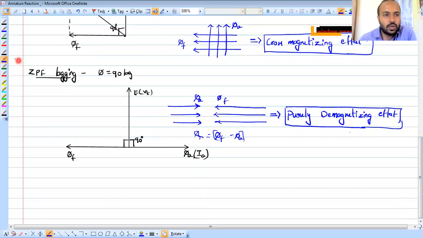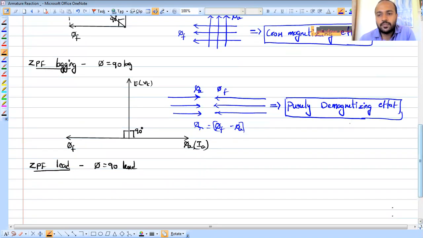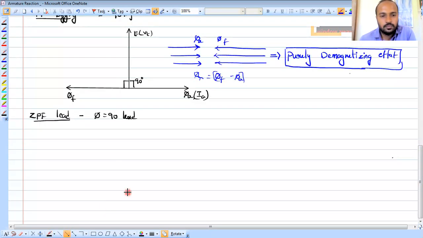So let us move to another power factor, that is ZPF leading. So here also the angle between these two is 90 but leading. So in this case, this is the direction of magnetic field and this is the direction of induced EMF, phi f and induced EMF.